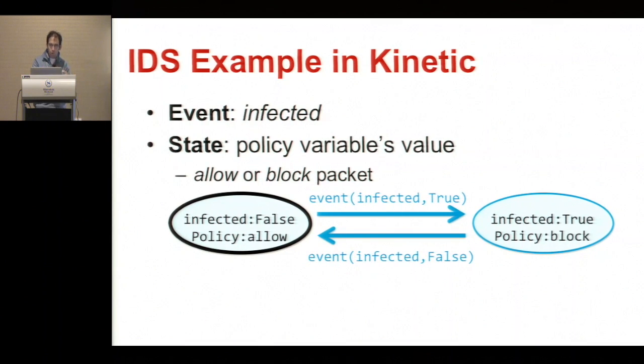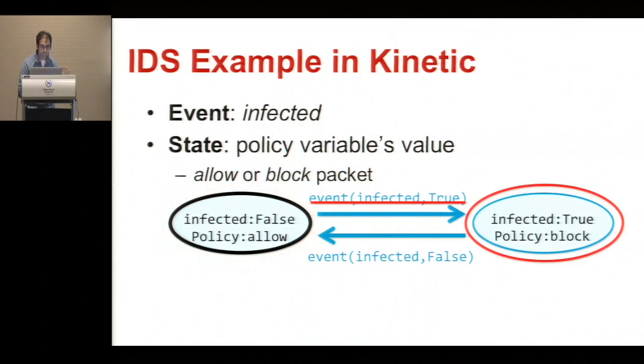Under the hood, when that variable, which can be triggered by an external event, has its value changed, that triggers an internal state transition that changes the value of this policy variable from allowing the traffic from this host to blocking it. Okay? Good.